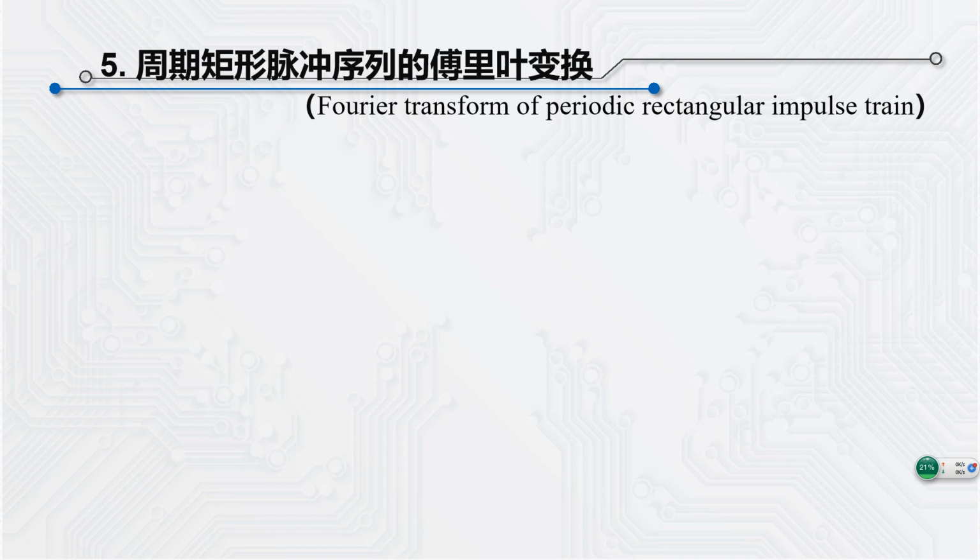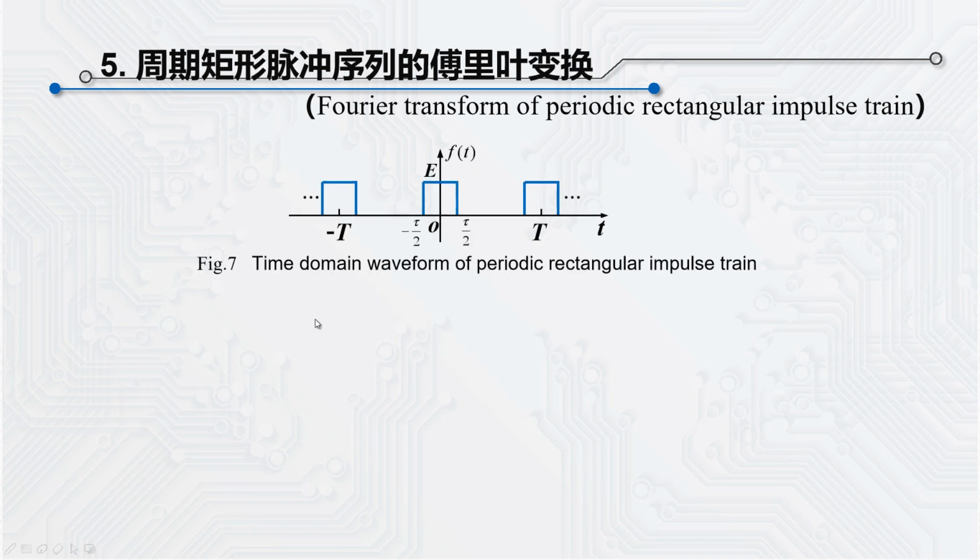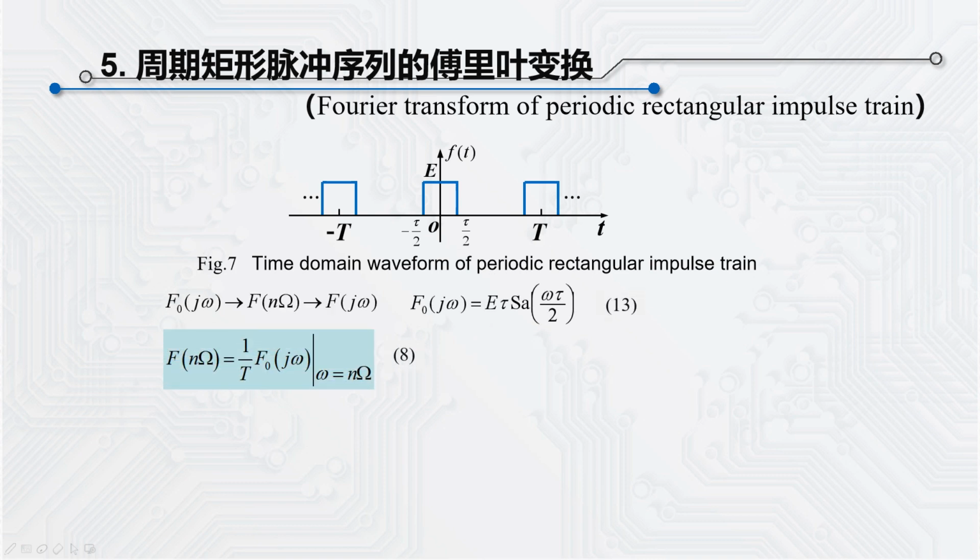Let's look at the Fourier transform of a periodic rectangular impulse train. This is its time domain waveform. Its principal value is from minus tau over 2 to tau over 2. In the same way, we first find a spectrum coefficient according to the Fourier transform of principal value period, and then find its Fourier transform. We know that its principal value period is a rectangular pulse. Its Fourier transform changes according to the law of sampling function, as shown in Formula 13.